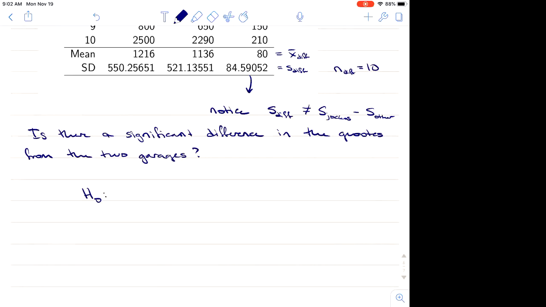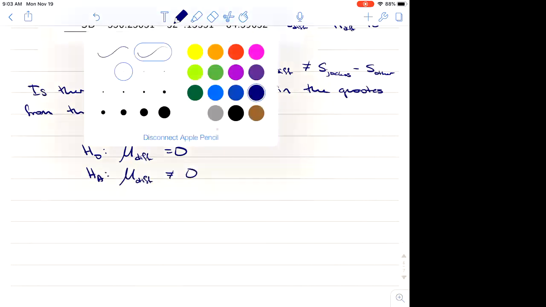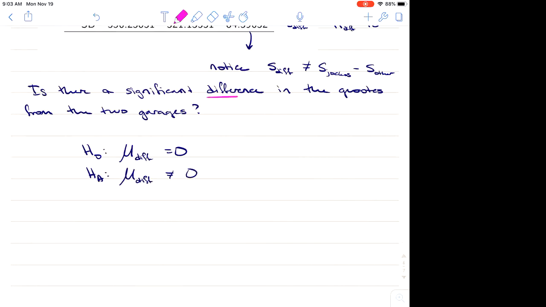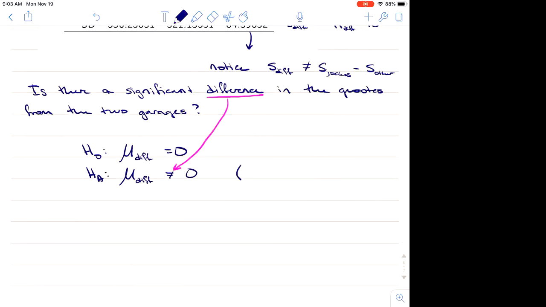And so my null hypothesis is always going to be mu diff equals 0. Our alternative hypothesis is that mu diff does not equal 0. Right? And the reason for that is because we want to know if there's a significant difference, making this a two-sided test.